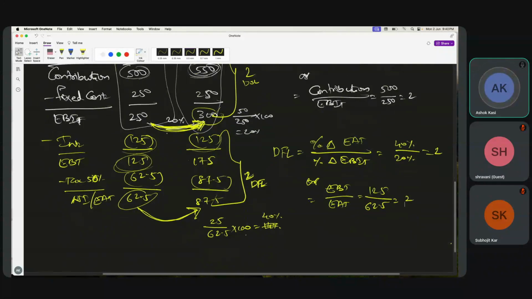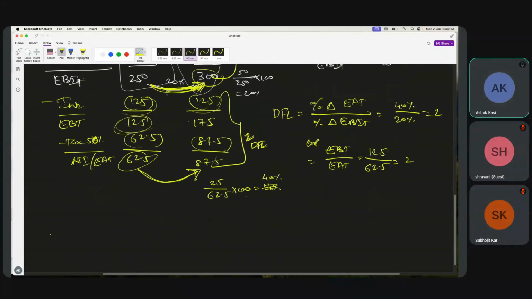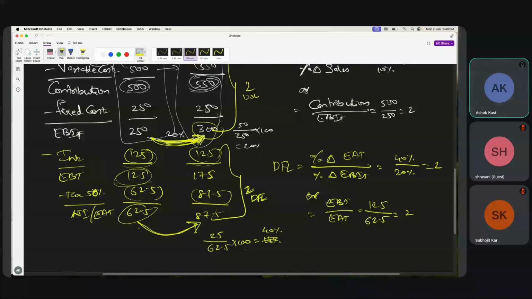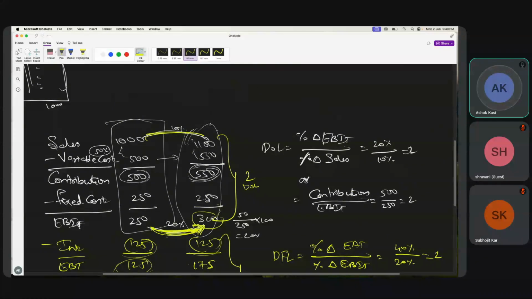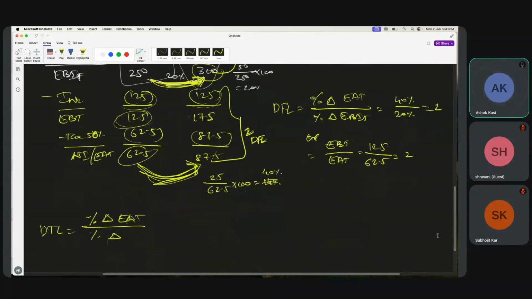Now there is one more, degree of total leverage. Degree of total leverage means what you want to find out is the change in net income based on the change in revenue itself. When sales is changing, how much is net profit going up? So it will be percentage change in earning after tax based on percentage change in sales.